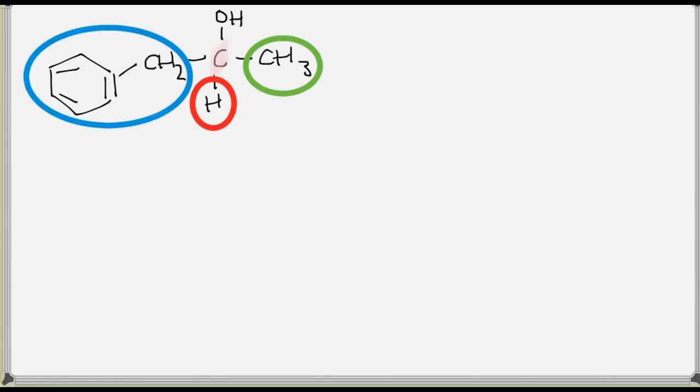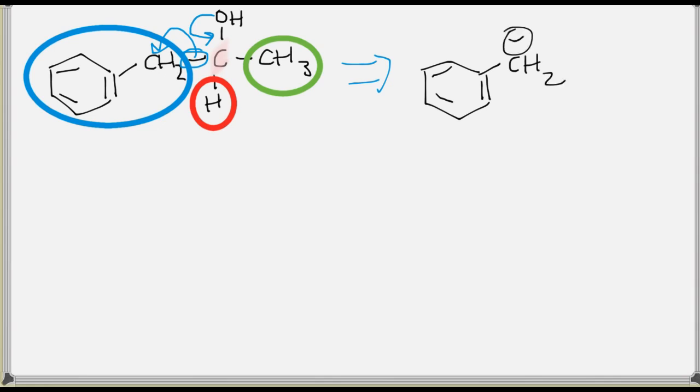So that means I ought to be able to find three different alcohol disconnections that would allow me to make this particular alcohol. So let's start with the blue disconnection. If I, in my imagination on my scratch paper, push the lone pair back there and break this, taking that pair of electrons right there and giving them to that CH2, that means what I have done is generated the surrogate, if you will, for this organometallic nucleophile.